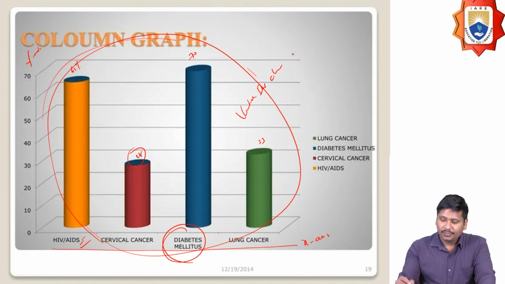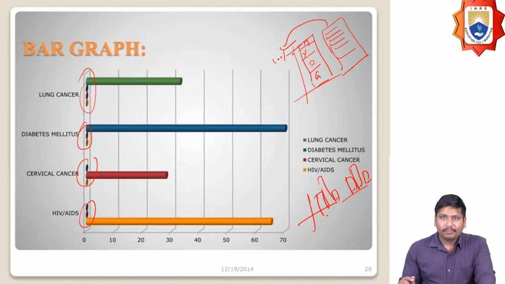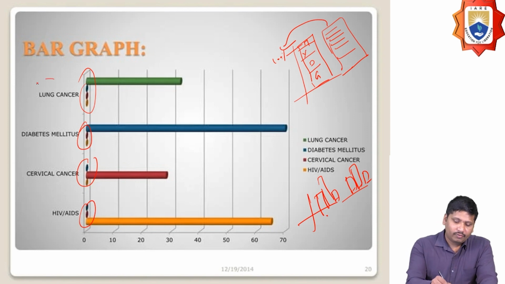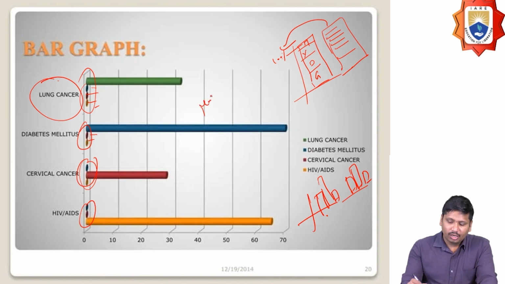The same thing I can also represent as a multiple bar graph, where for a single attribute I can represent all the values. So similarly, it should be treated as a multiple bar graph.